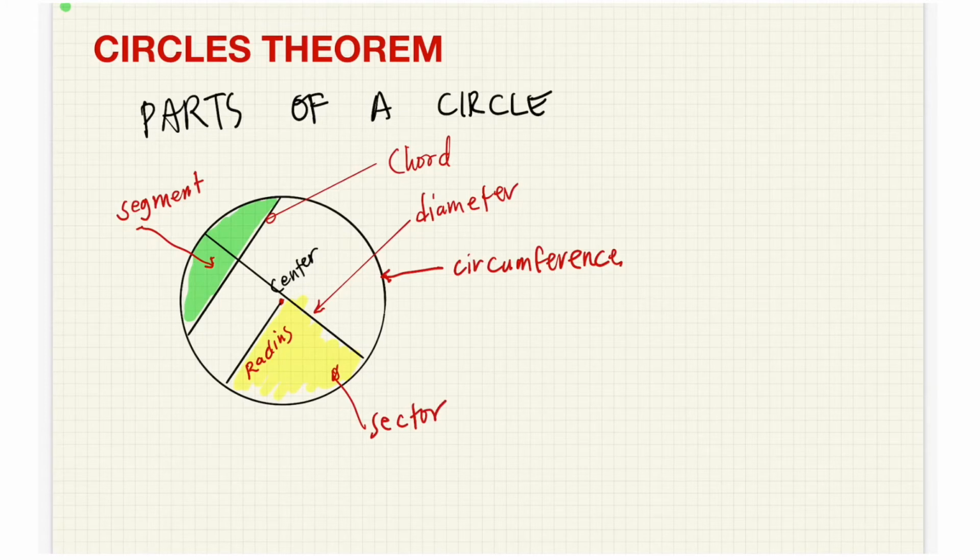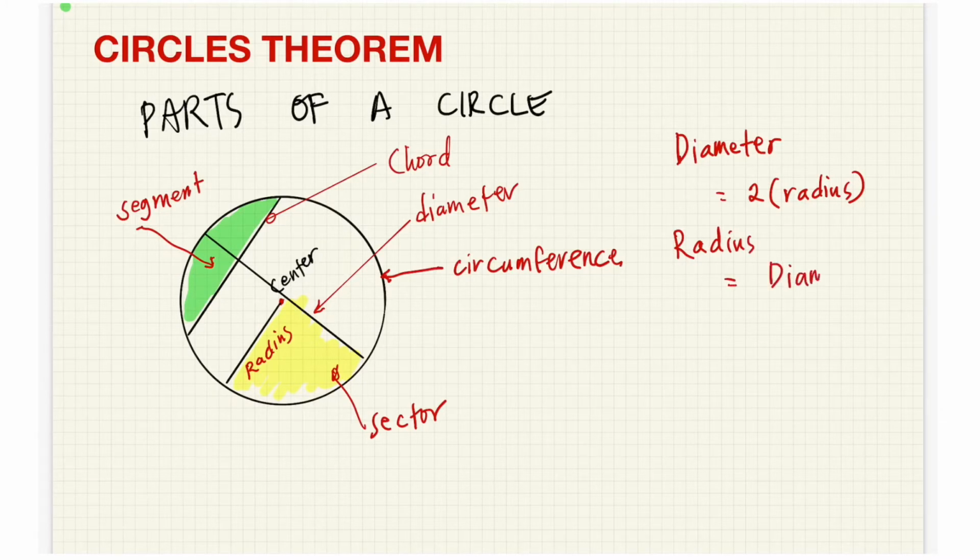Next, remember this: diameter is equal to 2 times radius, and radius is equal to diameter divided by 2.